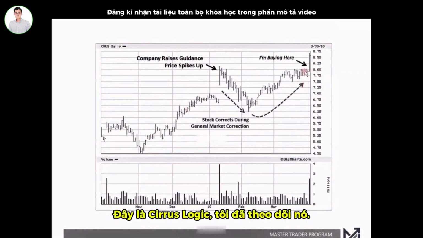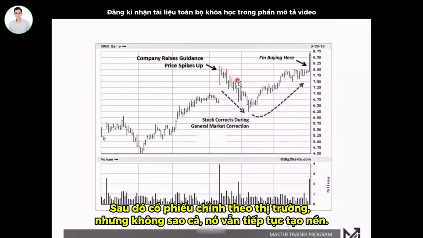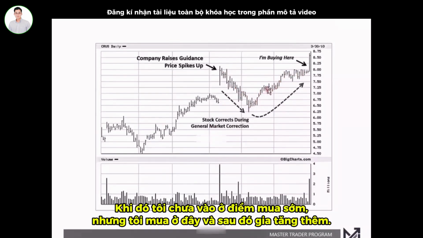I was looking at it over here, but when I was looking at the stock setting up, I took mental note of the fact that right here you had a nice big move on the guidance. And now the stock came in. There was a general market correction right here, so that's fine. But the stock was able to set up. At that time, I hadn't bought the cheat area, but it actually had a little buy point here and then a buy point right here.